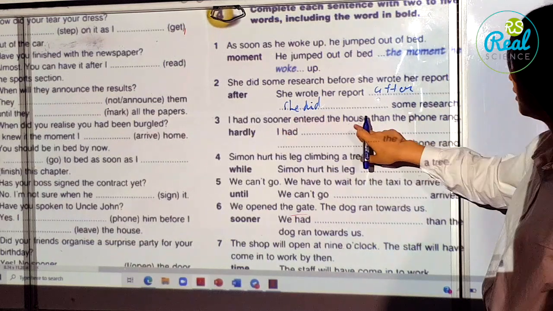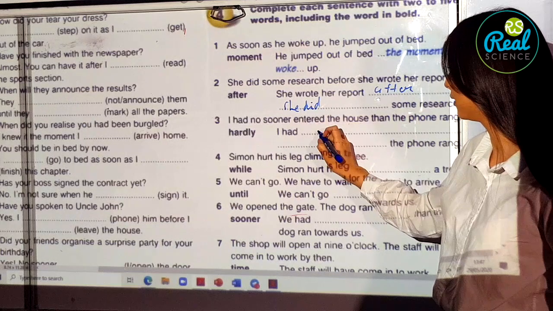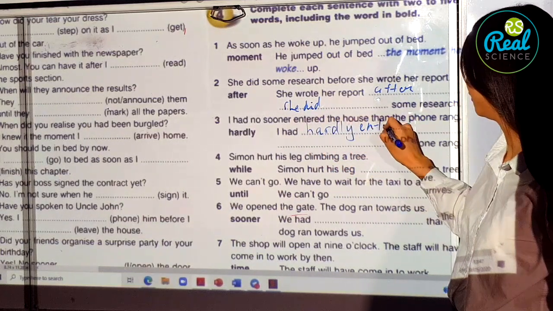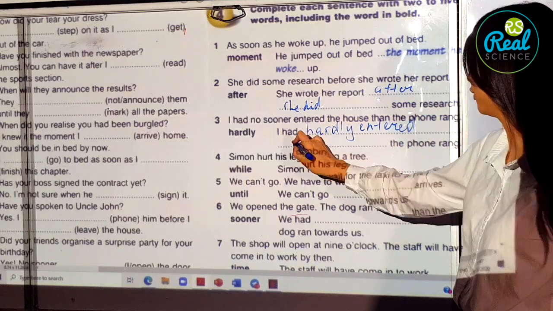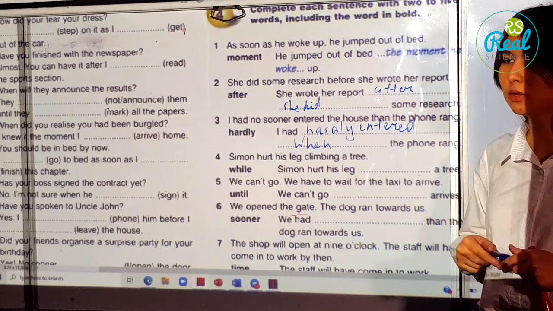I had no sooner entered the house than the phone rang. Okay, actually the connection is not so good. Here what we put: I had hardly entered the house when the phone rang. Very good. Okay, next one.